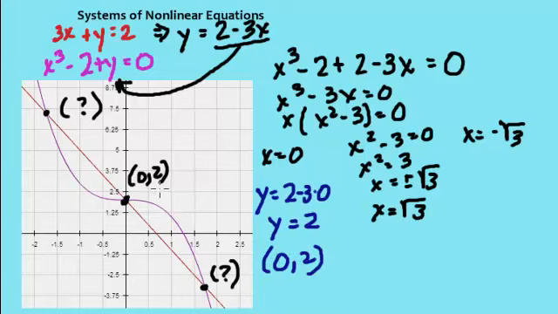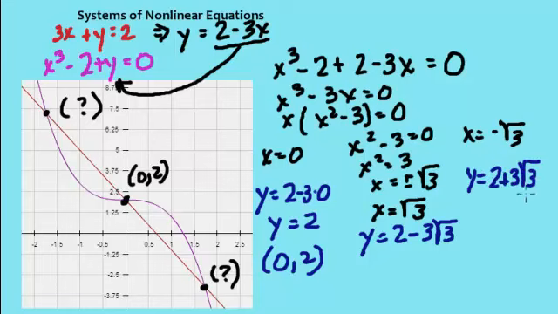That looks reasonable. That was kind of my guess on that, but I wasn't for sure. The next one, y equals 2 minus 3 square root of 3. I'll need to see what that is as a decimal number, just so I can see if it's right. And then y equals 2 plus 3 square root of 3.